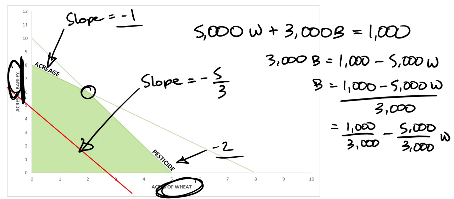And if I change that to decimal form, that is a slope of approximately minus 1.67, which is exactly where we said it should be, somewhere between the slope of minus 1 and minus 2. And again, that was the reason that this point here ended up being our optimal solution point.